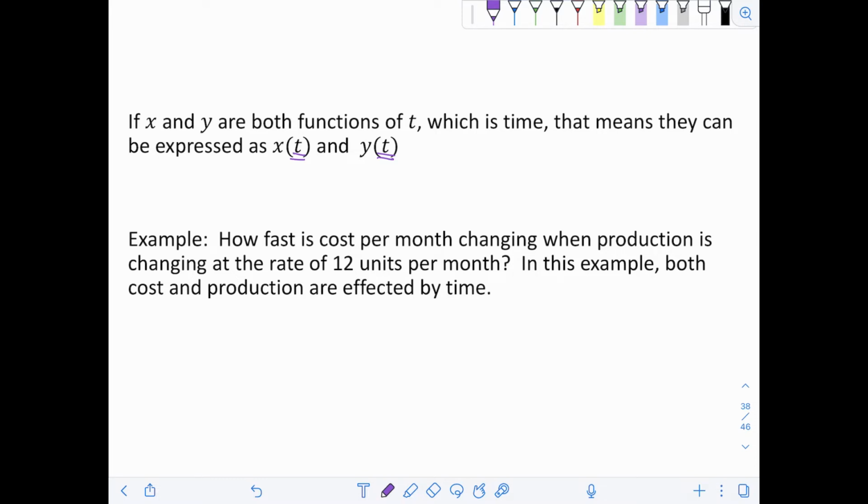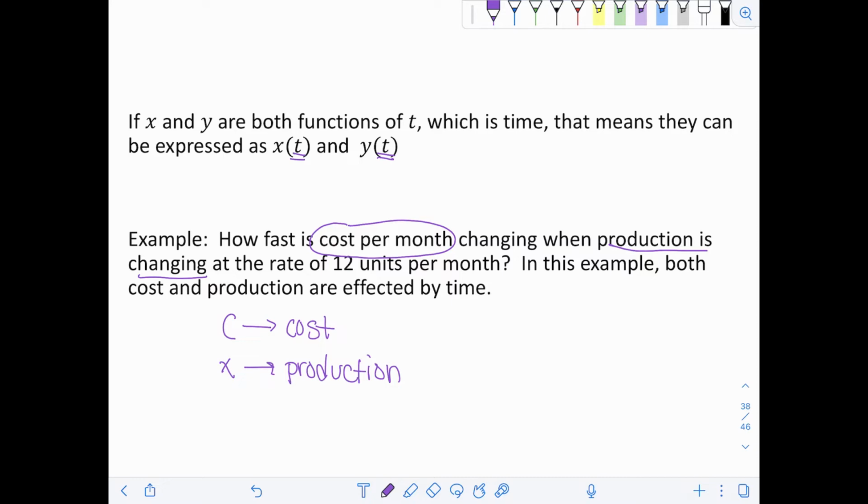So we've looked at cost functions before. We might let cost equal c, and production, we could call that x. And basically what this is saying is that both of them are based upon time, because we're looking at how fast cost per month is changing. We're looking at how production is changing.